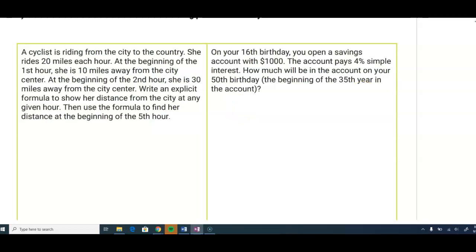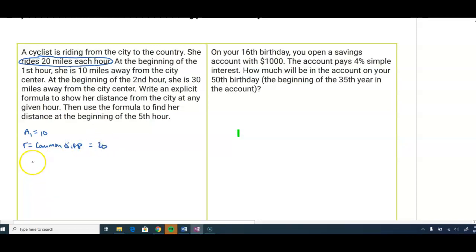Now, what type of sequence is this? Well, when I look at it, it's an arithmetic sequence, and right away, what is your starting amount? Her a sub 1, how far is she away from the city? 10 miles. Now, what is her rate at which she's riding? She is riding at 20 miles each hour, which means her rate, or that common difference, is 20.